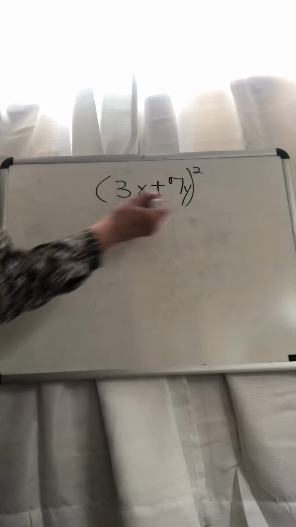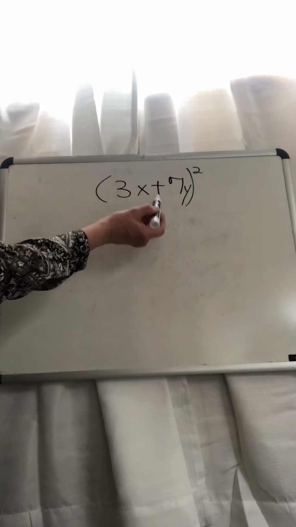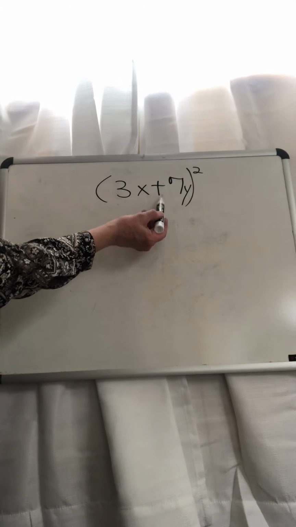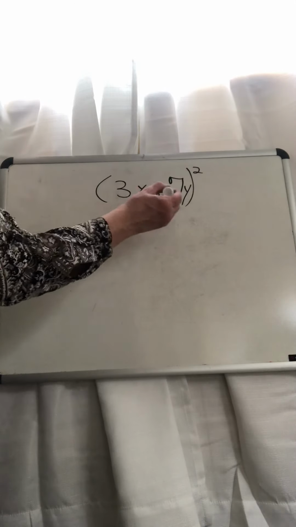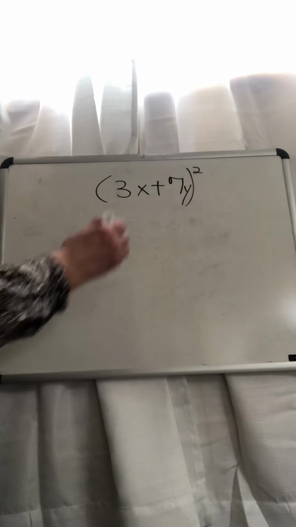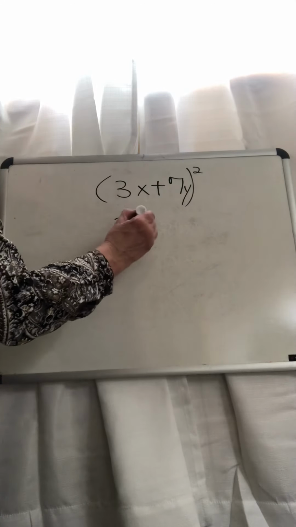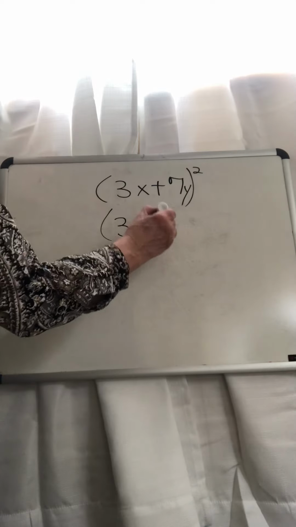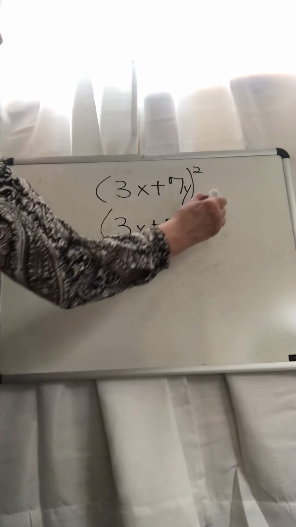Okay, so something really important to remember with this, when you have two terms separated by either a plus sign or a minus sign in the middle, you can't just distribute this 3 to both of those terms, okay? What you really need to do is you need to multiply both of the terms together into parentheses.